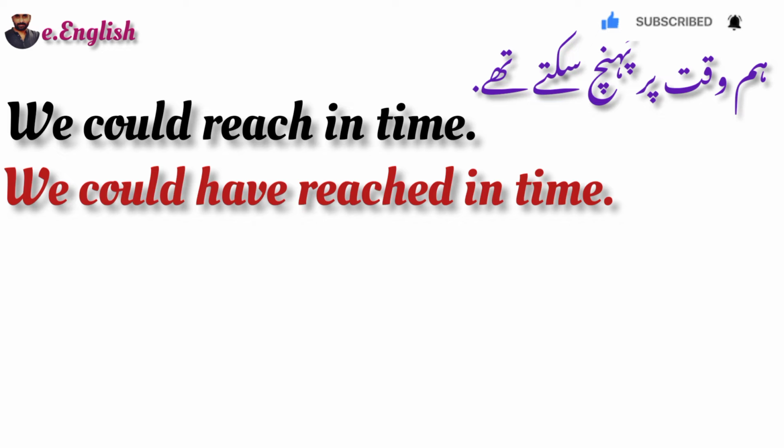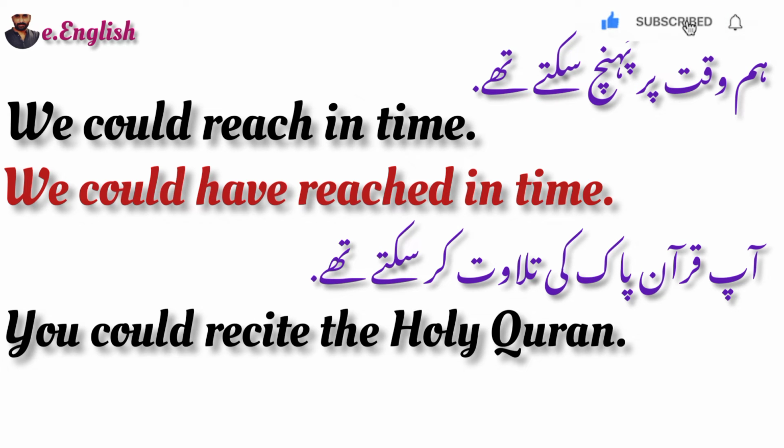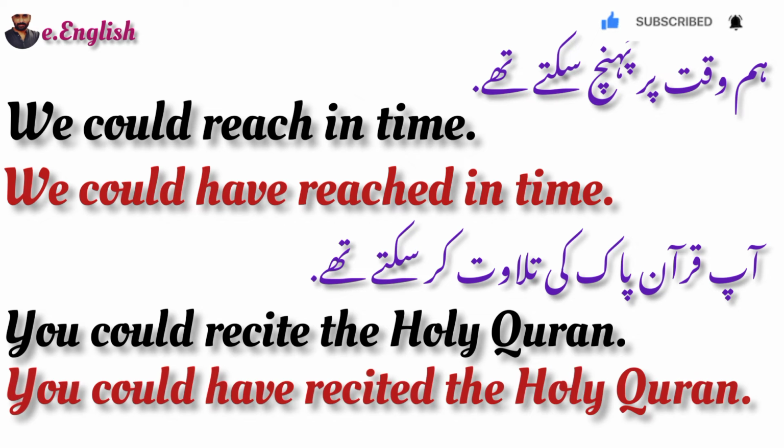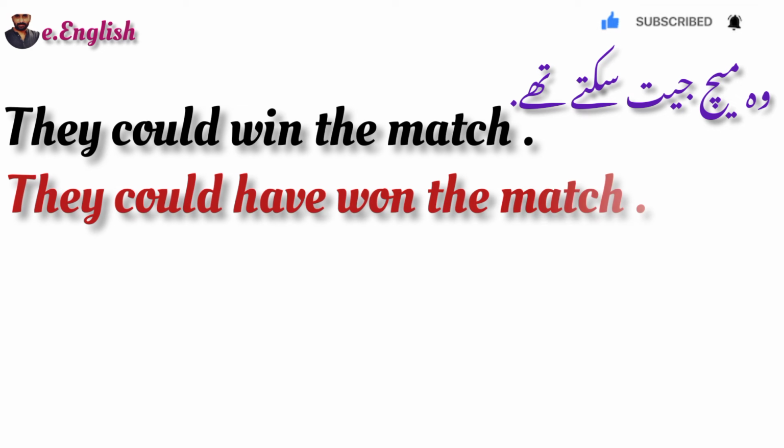The second sentence is आप कुरान पाक की तिलावत कर सकते थे। You could recite the Holy Quran. And the second way is you could have recited the Holy Quran. वो मैच जीत सकते थे। They could win the match. And you can use the second method, that is, they could have won the match.